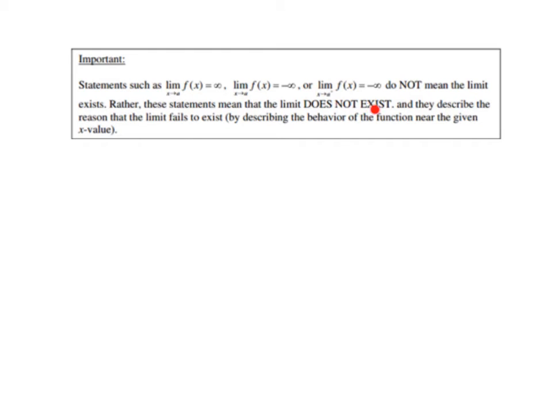These mean that the limit does not exist, and why they fail to exist. Because they go to infinity, they do not exist. Because they go to positive infinity, they do not exist. So they're just describing the behavior of the function at the asymptote. That's what positive and negative infinity means; if you have that for the limit, it is just describing behavior. It does not mean that the limit exists. So that's real important. Be sure you have that in your notes.